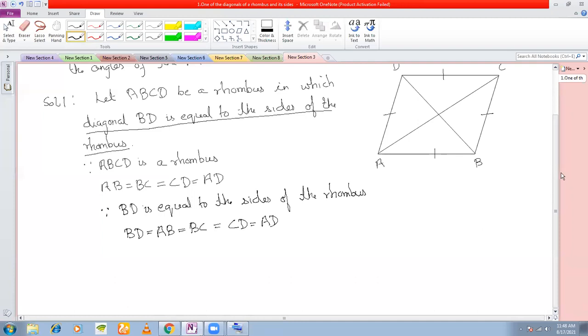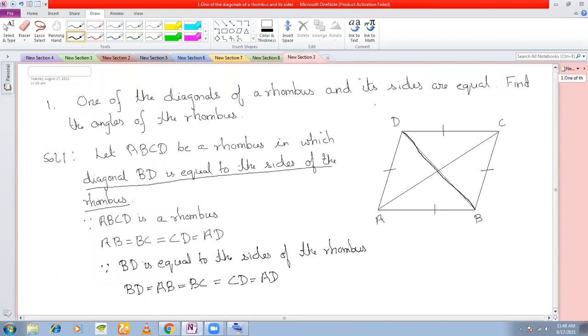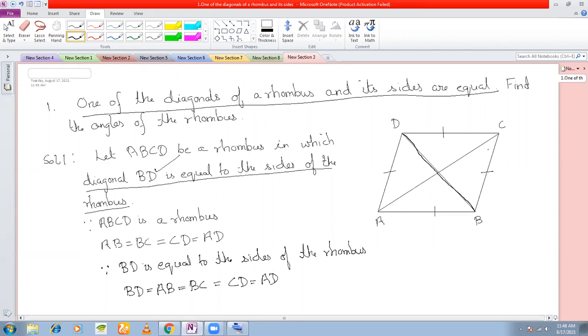It is given in the question that one of the diagonals of the rhombus and its sides are equal. That is why I have taken the diagonal BD to be equal to the sides. You can take AC also, no problem. So if BD is equal to the side, then BD is equal to all the four sides of the rhombus, and that is what I have written here.